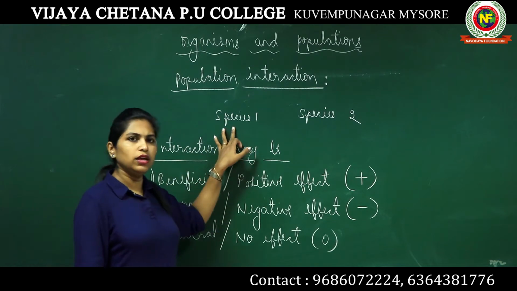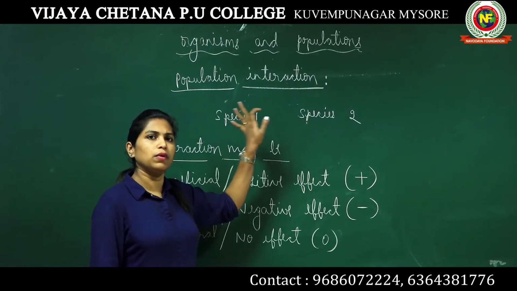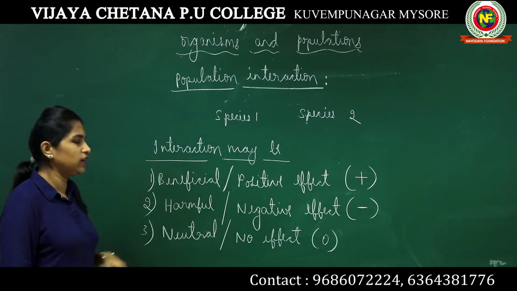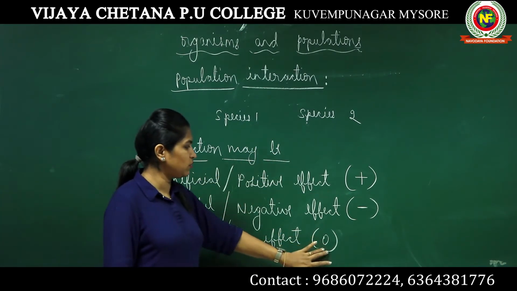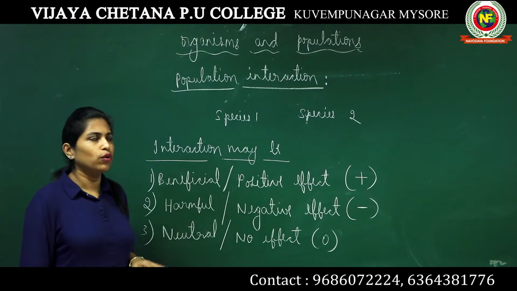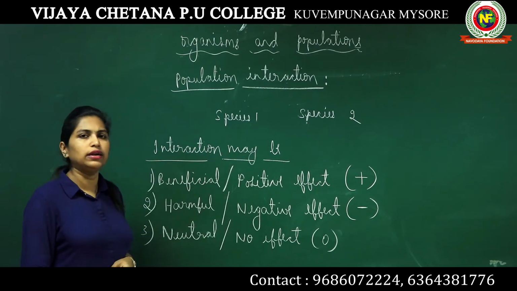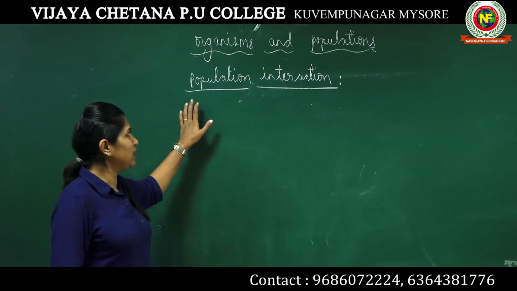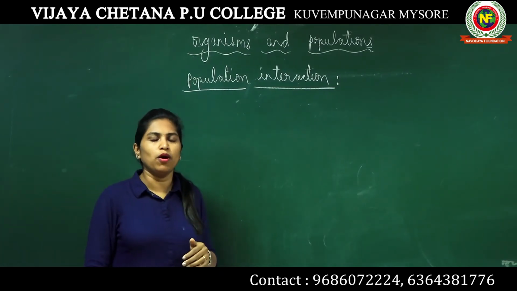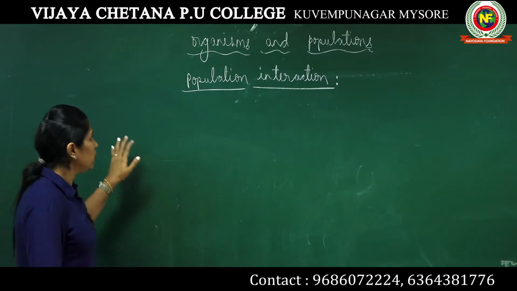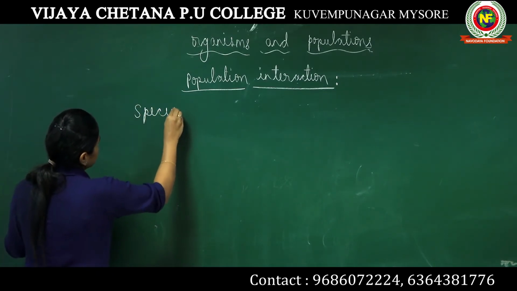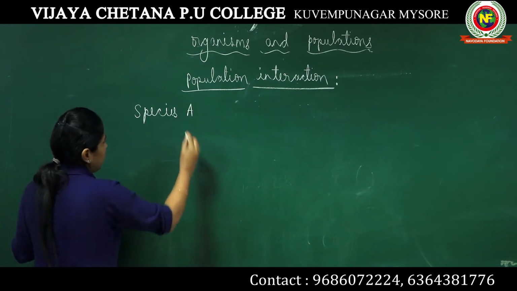Neutral, neither the species are benefited nor harmed in this interaction, so this can be represented with the symbol 0. So let's study about different types of population interaction. Now, I will take species A.